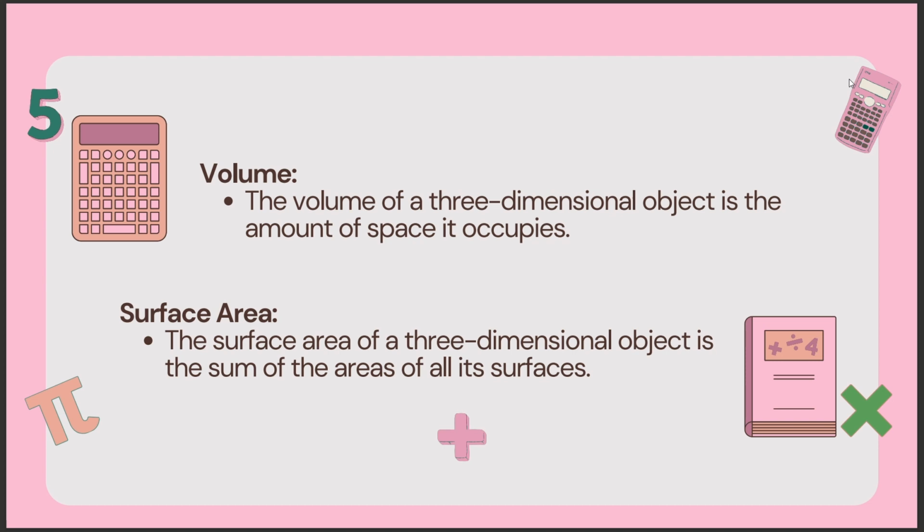So when we say surface area naman, ito na yung pinag-a-add na natin lahat ng areas ng surfaces ng isang three-dimensional object. So makikita natin mga examples kung saan kailangan nating i-add yung mga areas na yon para makuha yung surface area or yung volume.